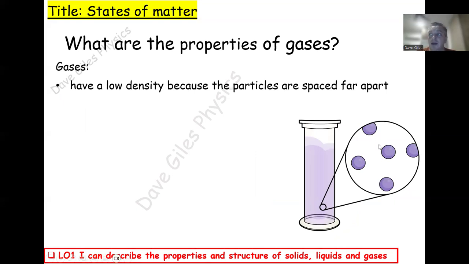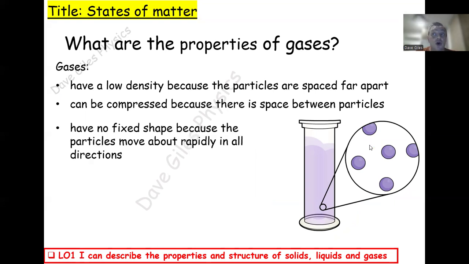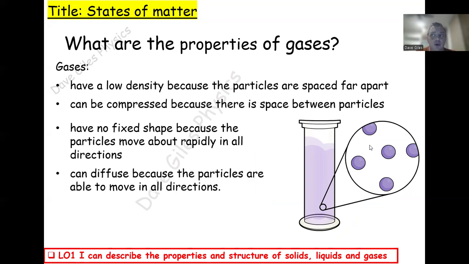As you can see there, there's a big space, so you can compress them, you can bring them closer together. They've got no fixed shape because the particles move about rapidly in all directions, and they can diffuse because the particles are able to move in all directions.